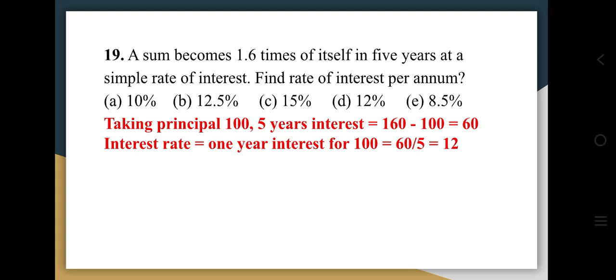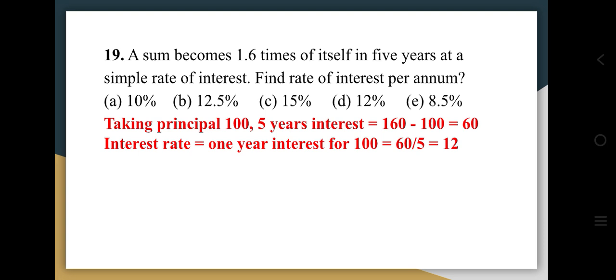The sum becomes 1.6 times itself in 5 years at simple rate of interest. Find the rate of interest per annum. So the sum becomes 1.6 times in 5 years. So we take the principal as 100. At the end of 5 years, it will become 1.6 into 100, that is 160.